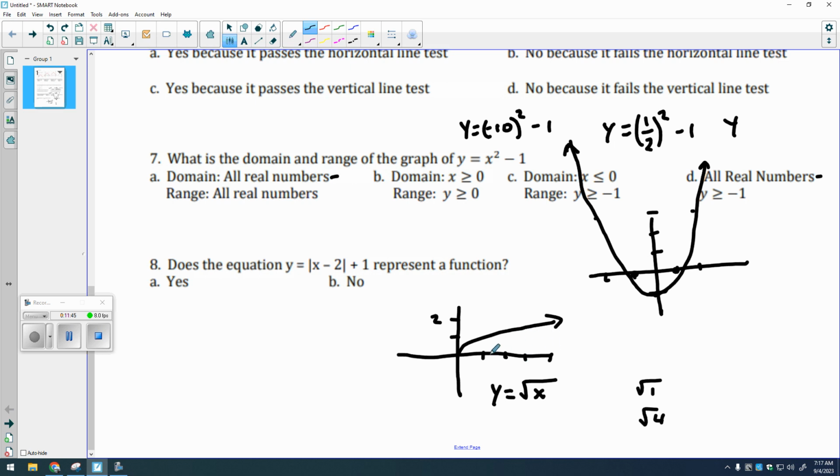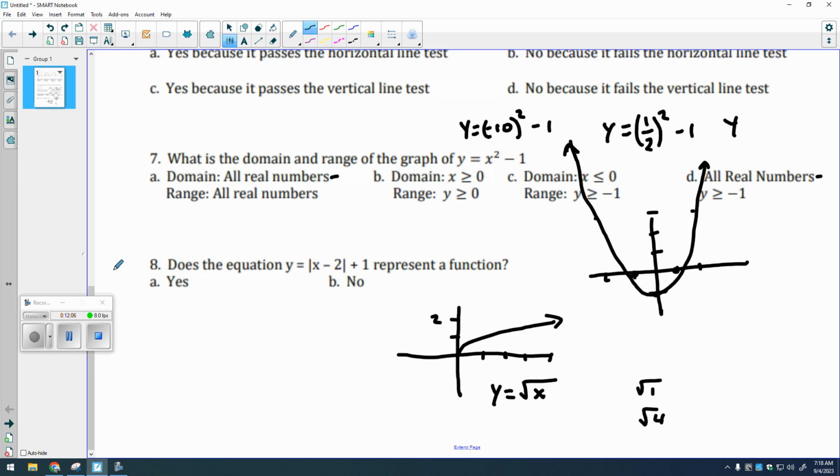When x is 1.1, 1.2. This is my domain. And what would that be? X is greater than or equal to 0, just like we said before up on the algebraic part. Okay, hope that helps. That's domain.